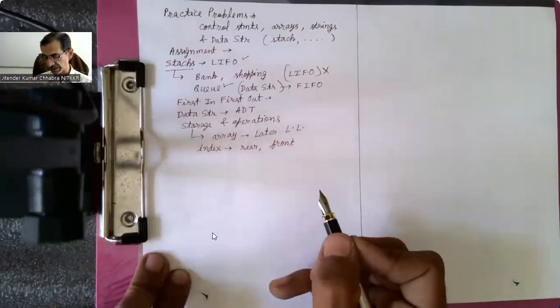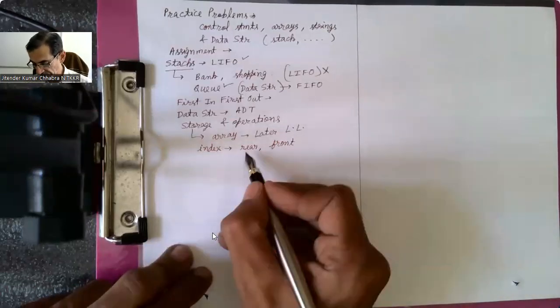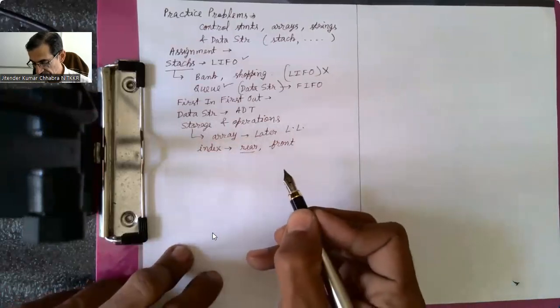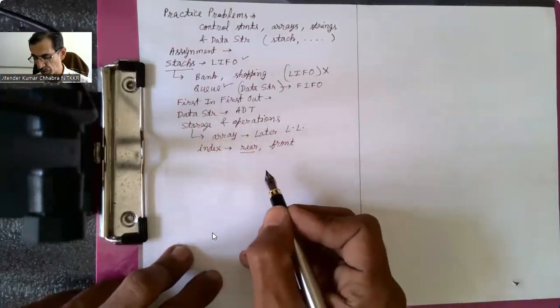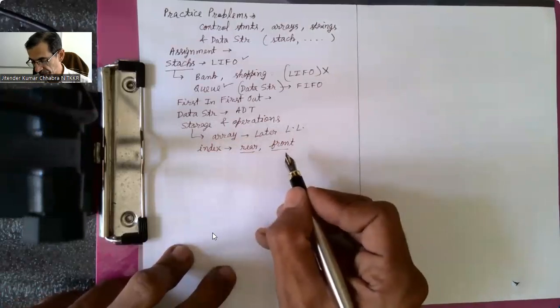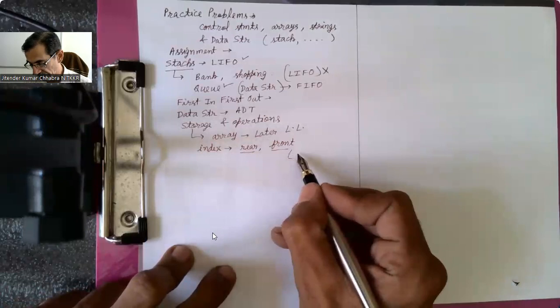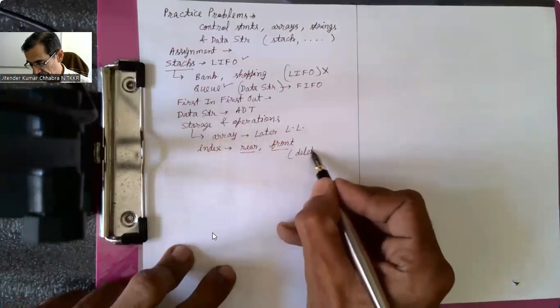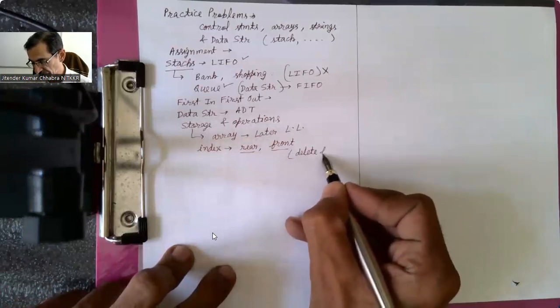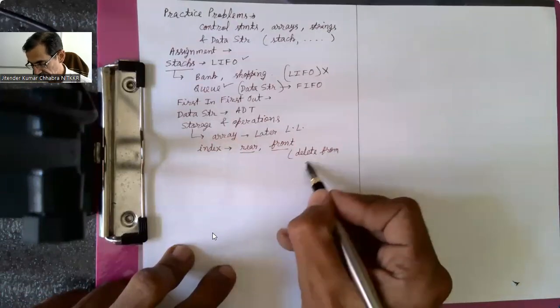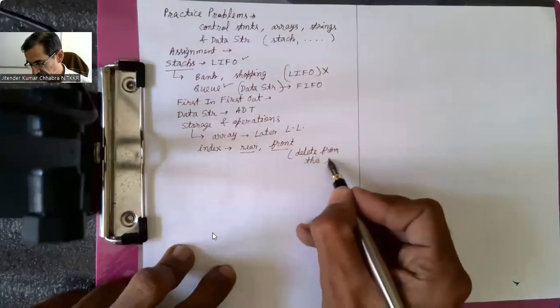Like when you are standing in a queue, obviously the rear end means the last end, the back end on which people will keep on joining, and the front end will be the end on which the service will be provided. So the front end is used for the deletion operation, delete from this end, and the rear end is used for insertion.